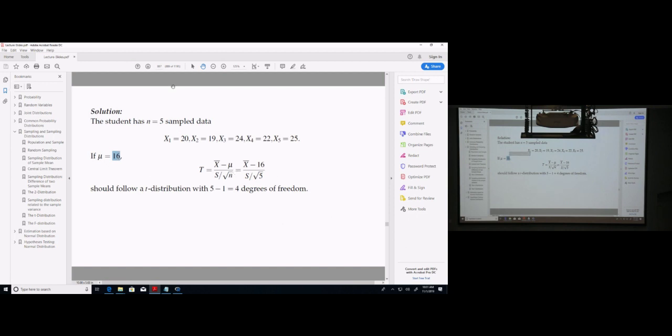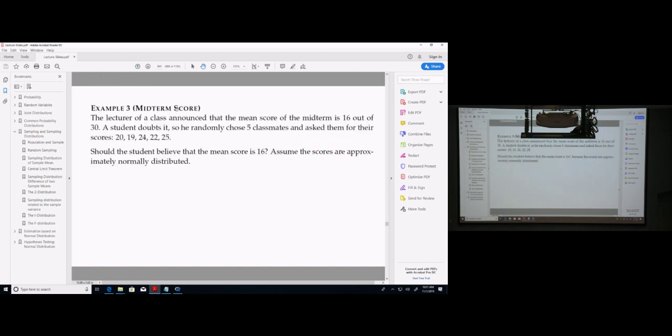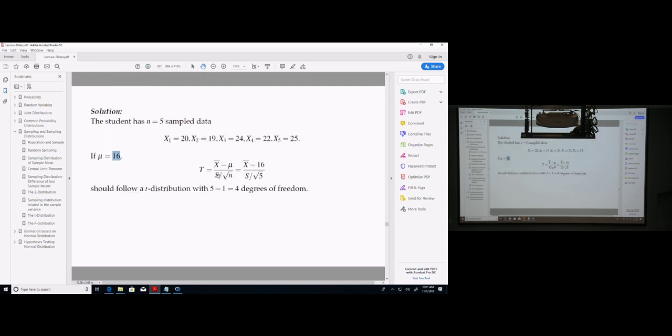But since in the example we were not told by the lecturer what the population standard deviation is, I can only resort to the sample standard deviation. So I plug in everything there. This is a standard application.